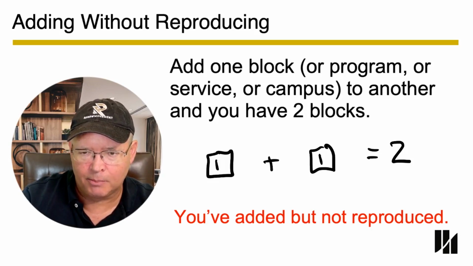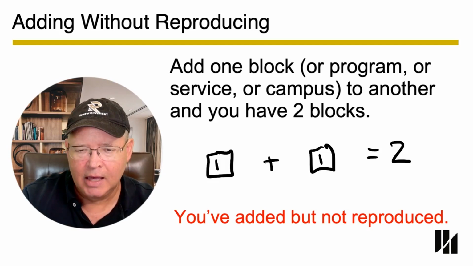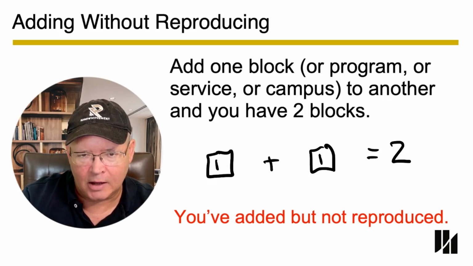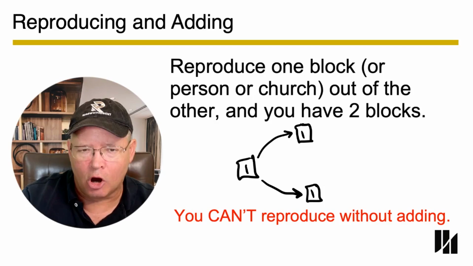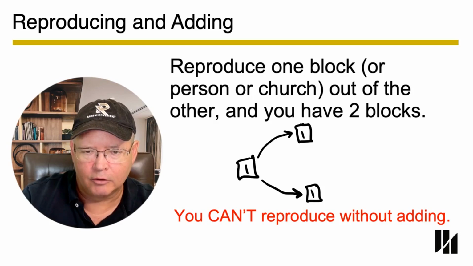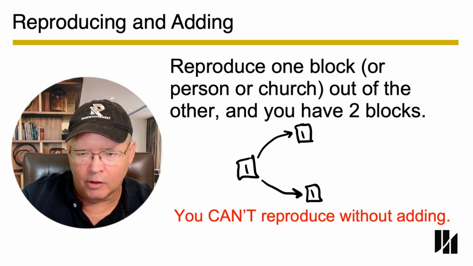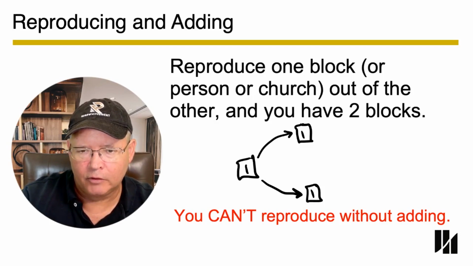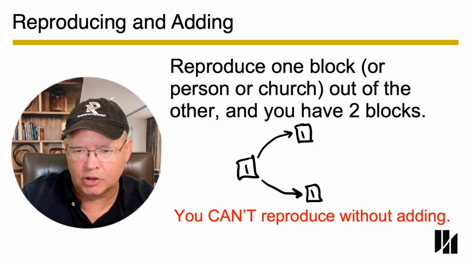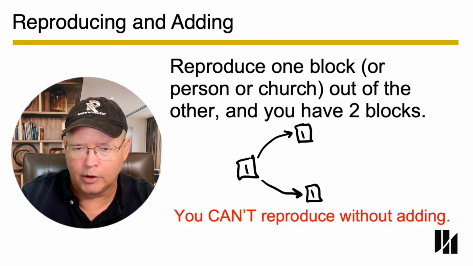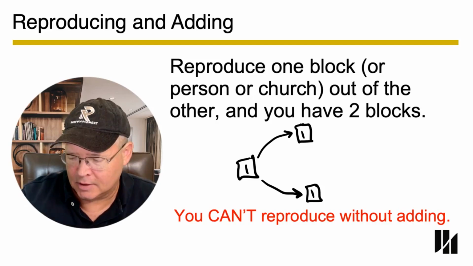That first campus, that first program, that first service, it did not do what the second form of addition is, which is called reproduction. Reproduction happens when one block, one person, one church, one organism comes out of another one and forms 2. It's kind of like when the human egg is fertilized and you have cells that are multiplying from 1 to 2 to 4 to 8 to 16.